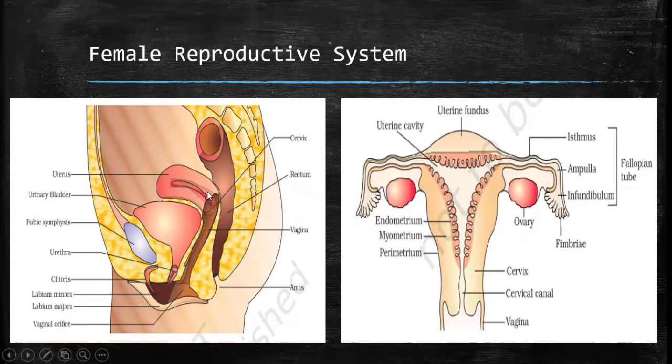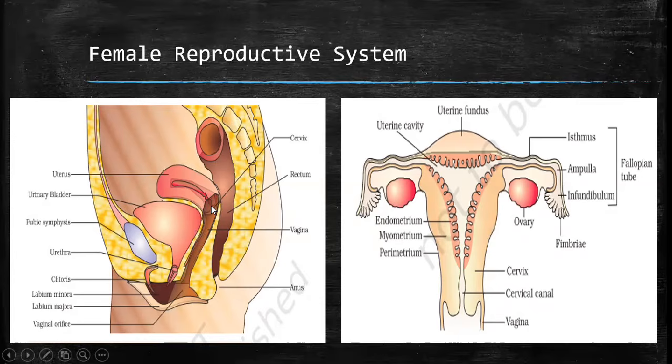Now, we're looking at this part here, the part after the uterus that goes down, which is what we call the vagina. This part is the vagina. It's very important, guys, to know. And then we have the doorway into the uterus.